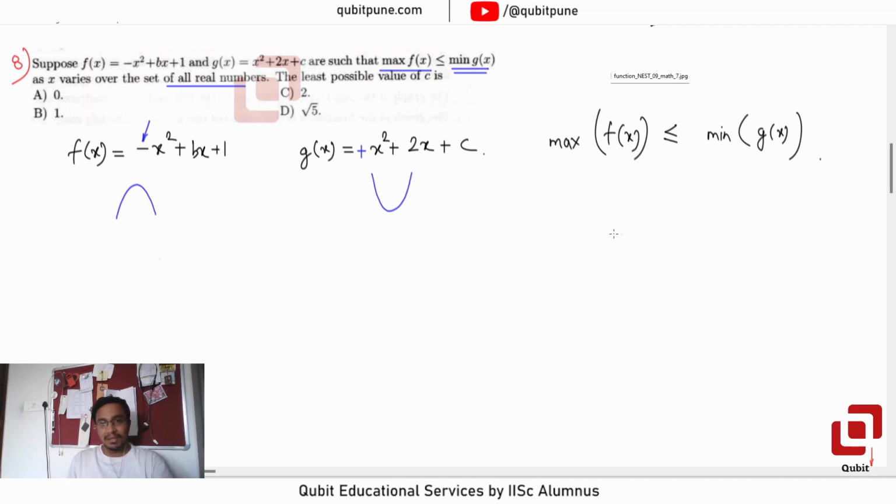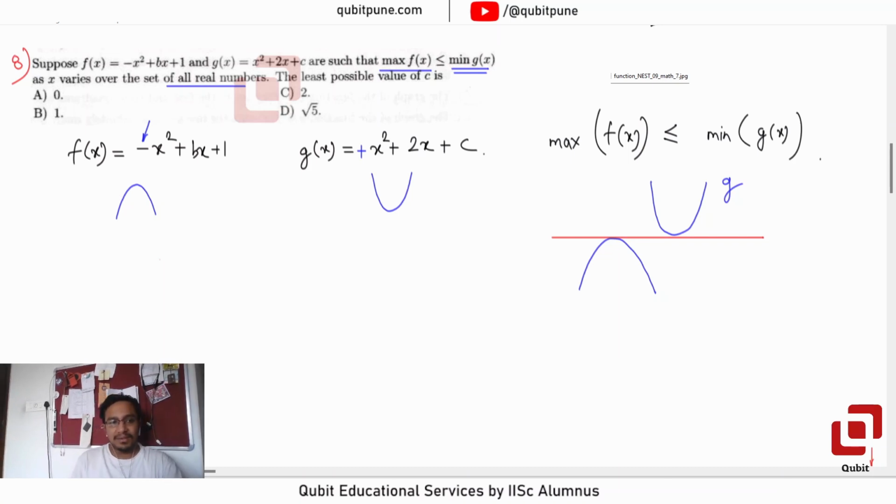Meaning, if this is the line that separates the graphs, then the graph of g of x will be on or above that line and the graph of f of x will be on or below that particular line. Is this part clear? Yes, sir.